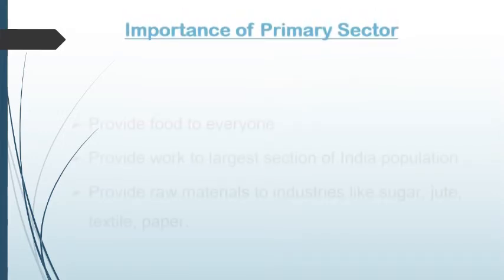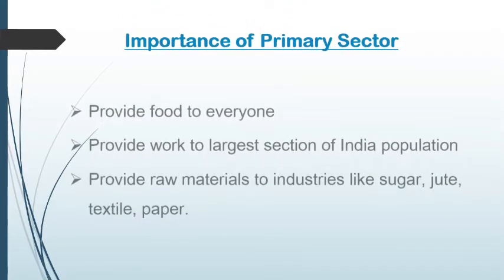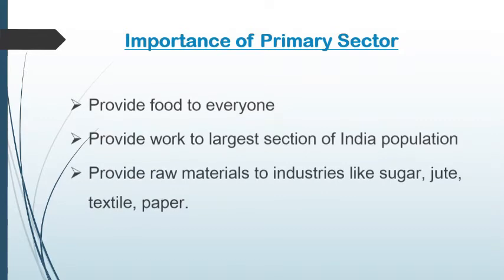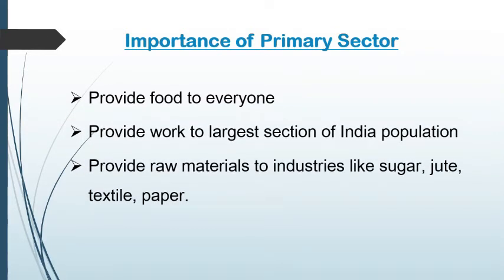Now we will understand the role of primary, secondary and tertiary sector. Let's begin with role of primary sector. At the time of independence, Indian economy was largely dependent on agriculture and allied activities.